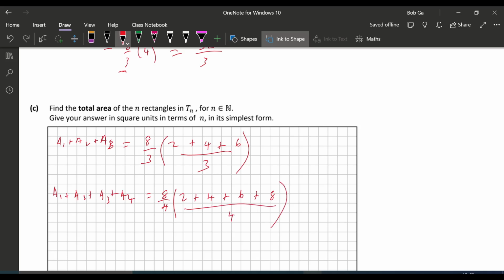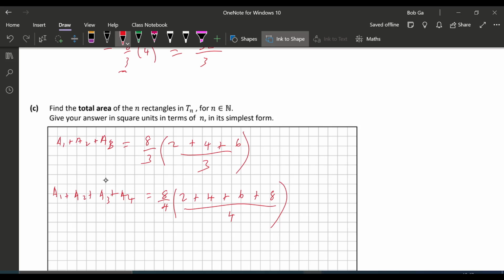That's how we get the sum of all the rectangles in T4. To get T5, we do the same: 8 over 5 into 2 plus 4 plus 6 plus 8 plus 10 over 5.